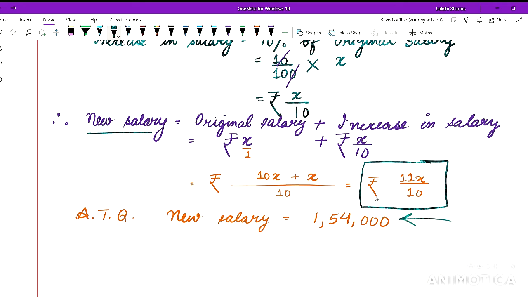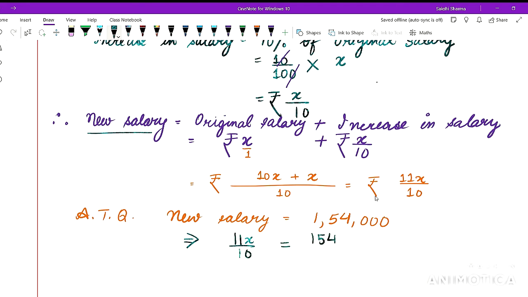So these two should be equal. This means 11x over 10 is equal to 1,54,000. Find out x from here.